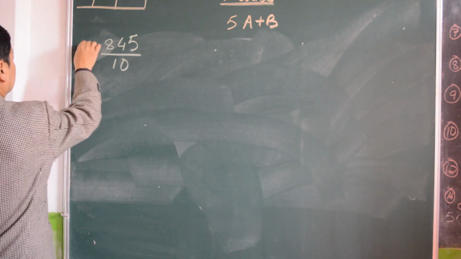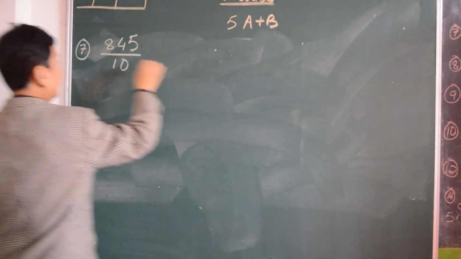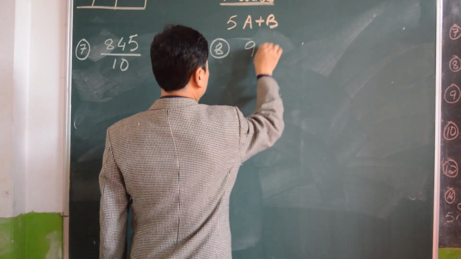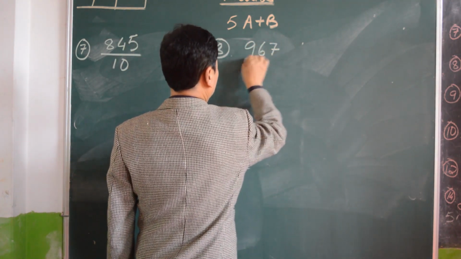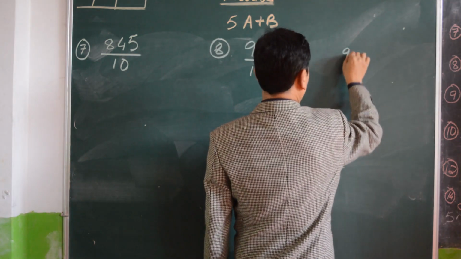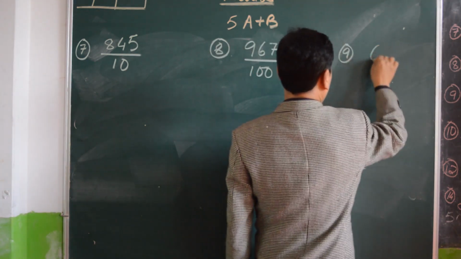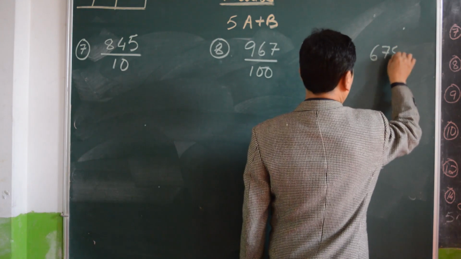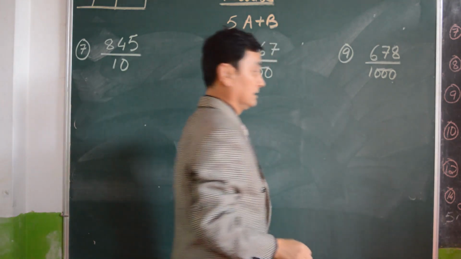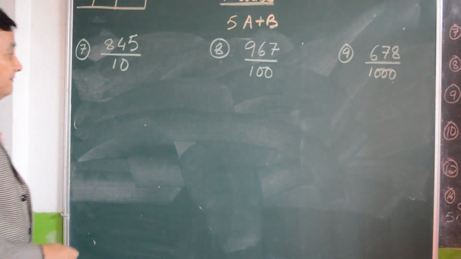That is number 7. Number 8: 967 upon 100. Number 9: 678 upon 1000. The more we do, the better we understand.